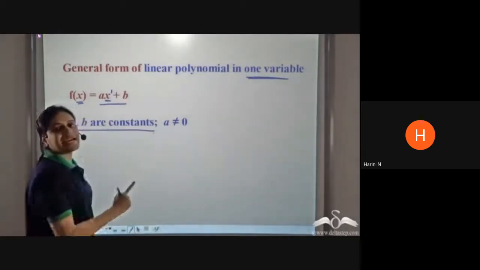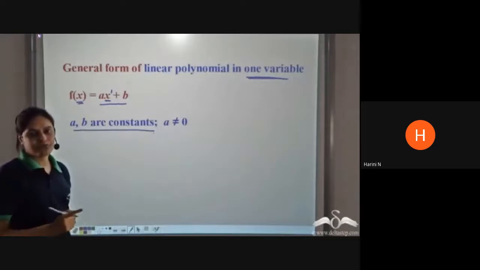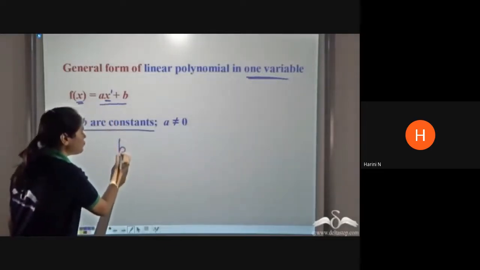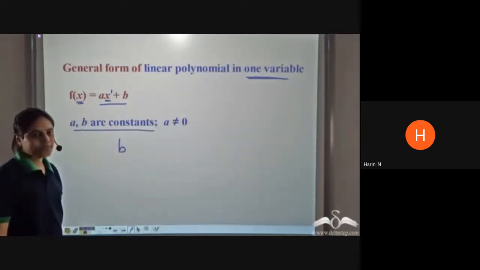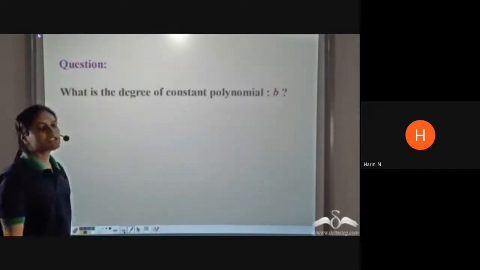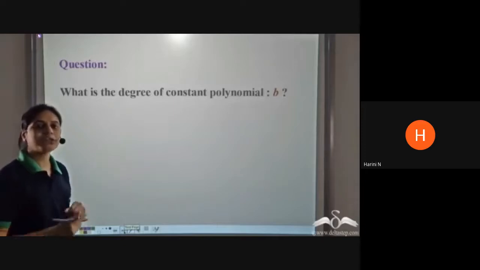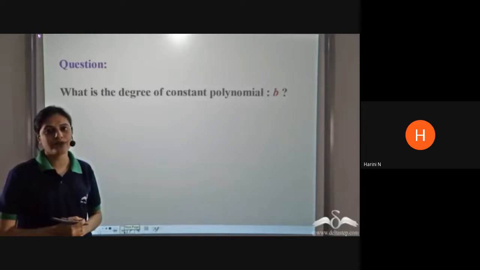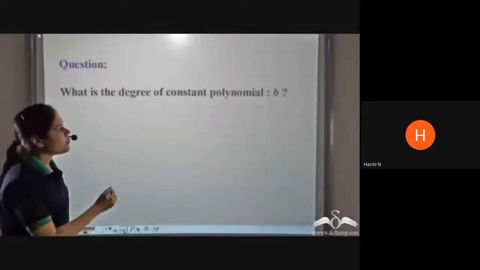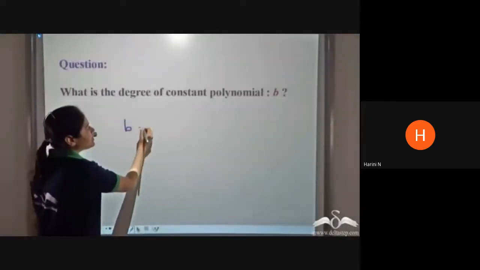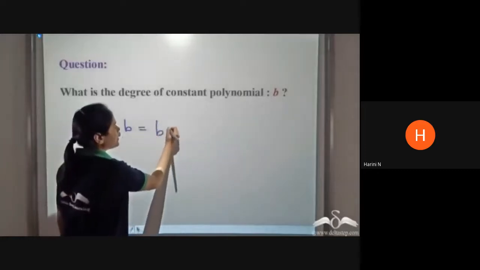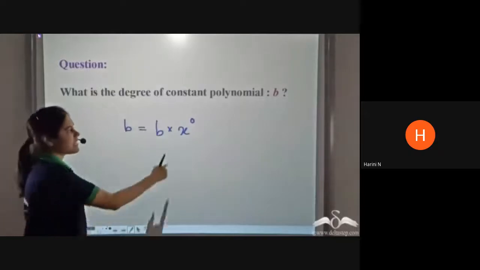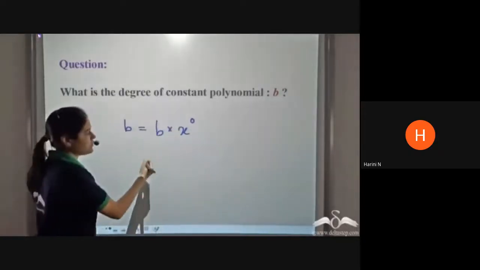Note that a cannot be 0 here. Why? If a is 0, this will become b. And what is the degree of this constant polynomial b? Because b is a constant. Now b can be written as b times x to the power 0, because anything to the power 0 is 1.